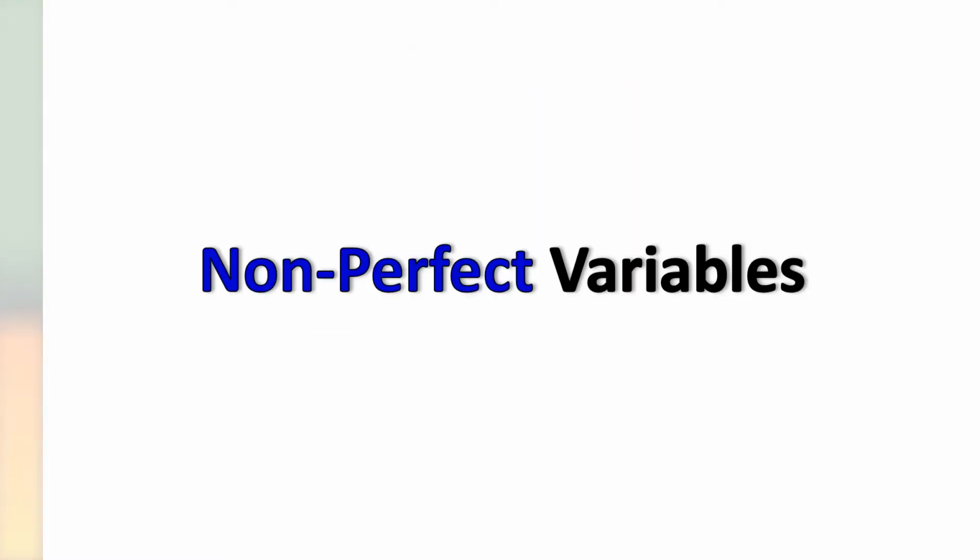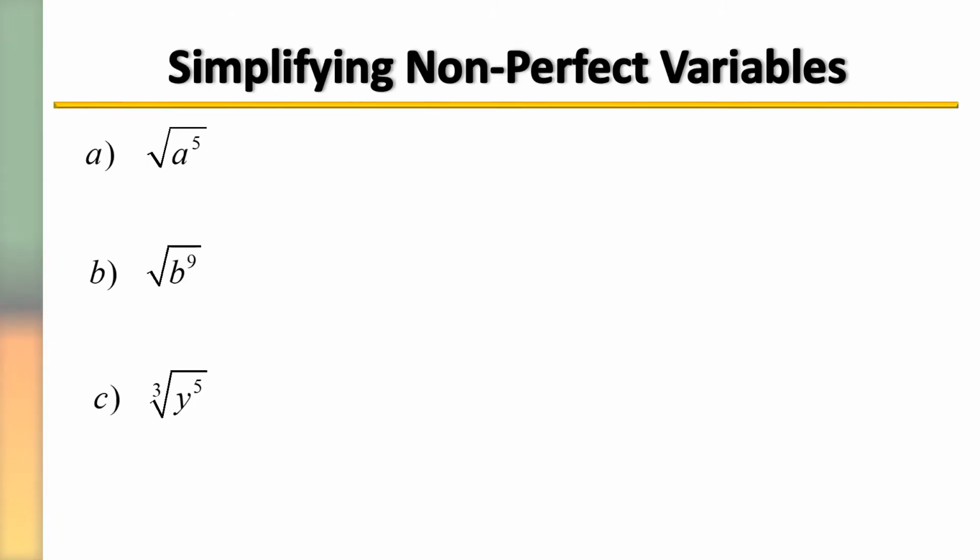Variables. Now, your variables can also be what is called non-perfect. For example, the square root of a to the 5th power. That's not a perfect square, because remember, square root has an index of 2, and 5 is not divisible by 2. But all you have to do here is go down 1, and it will be divisible by 2.